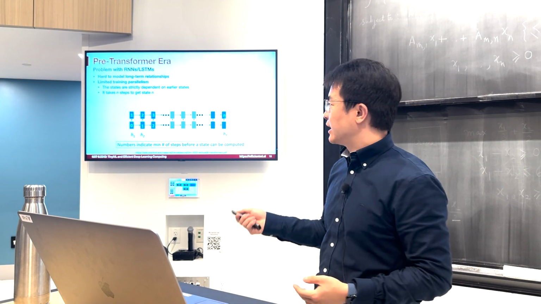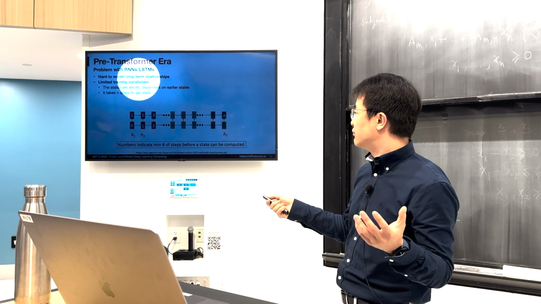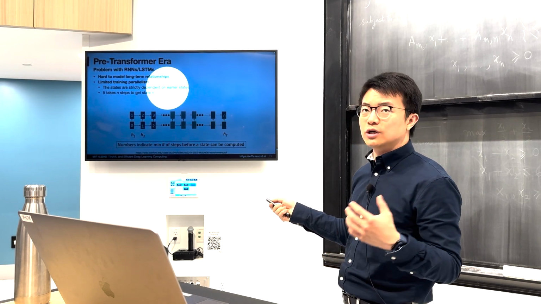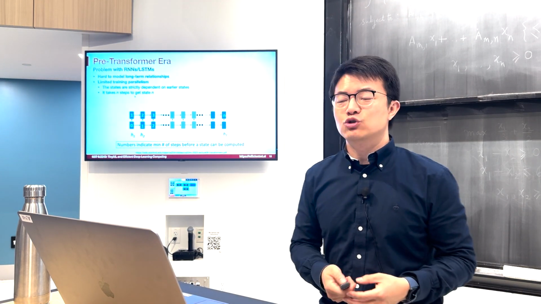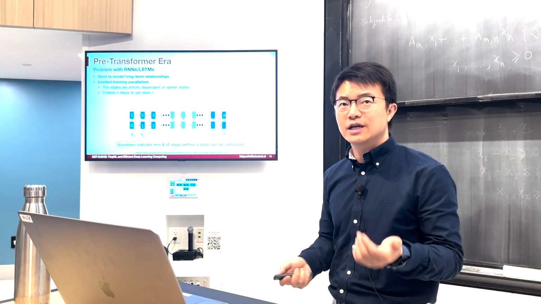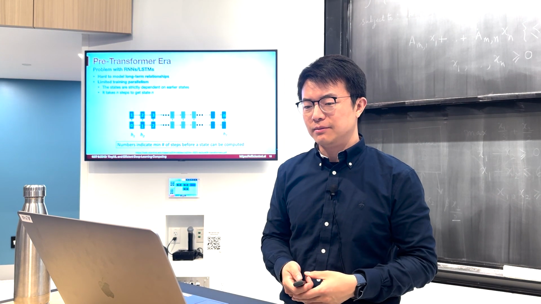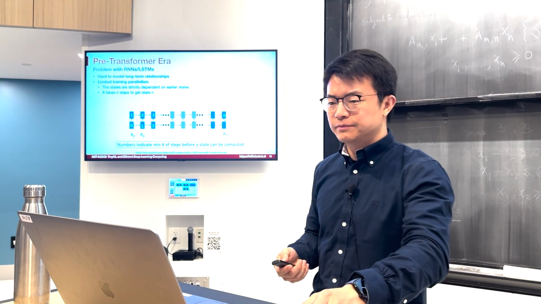That results in very limited training parallelism since the states have very strong dependency on the earlier states. And it takes n steps to get to step n. From step 1 to step n, it takes n steps. You cannot parallelize them, making GPU training more difficult.